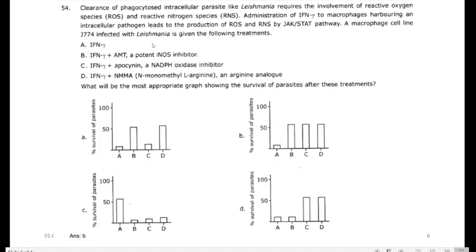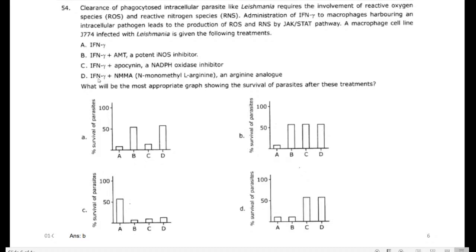Macrophage cell line J774 infected with Leishmania is given the following treatments. They are treating it with interferon gamma plus AMT, a potent NOS inhibitor, and the third treatment is interferon gamma plus apocynin, an NADPH oxidase inhibitor.